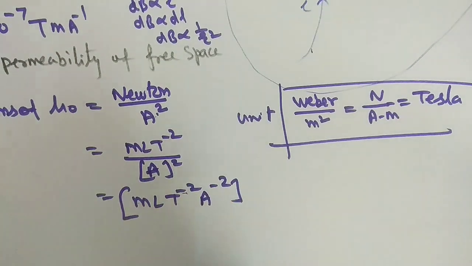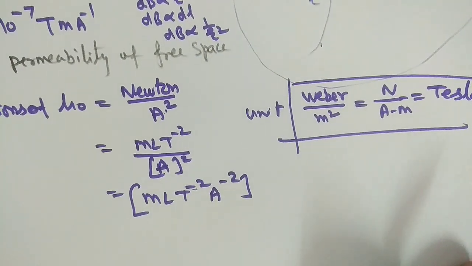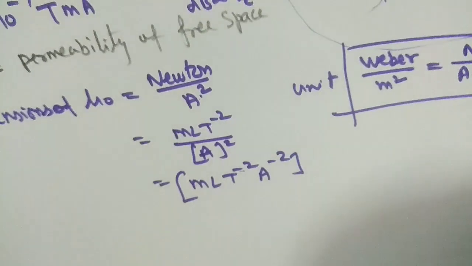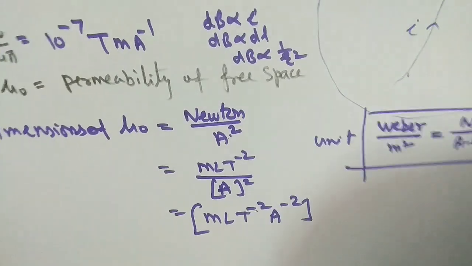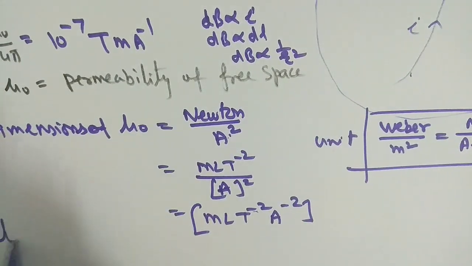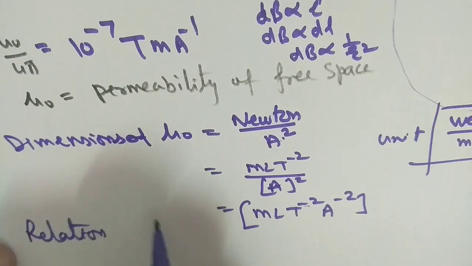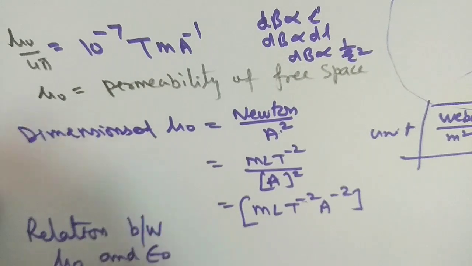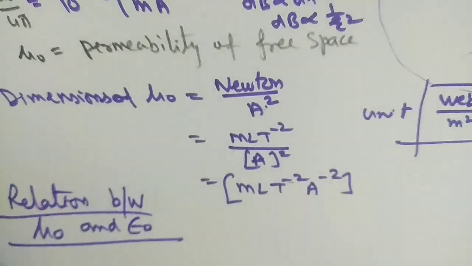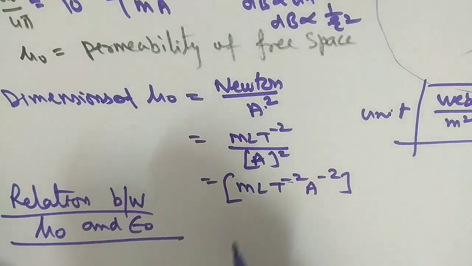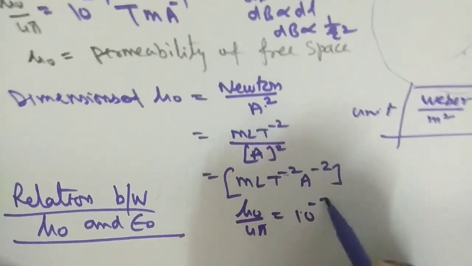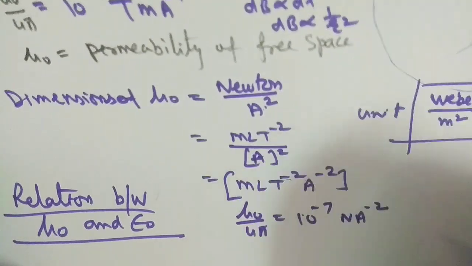Now we can find a relation between mu naught and epsilon naught also. In the first chapter you have studied about epsilon naught. Now we'll find a relation between them. You know very well mu naught upon 4 pi is equal to 10 to the power minus 7 Newton per ampere square.